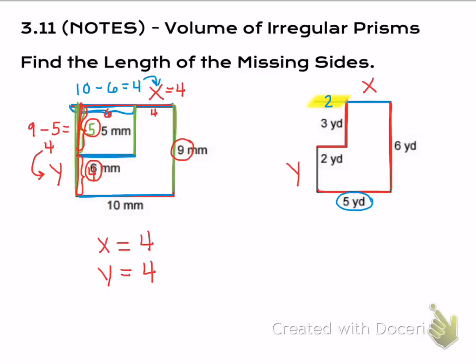So what I have to do is take 5 minus the 2 to find out what this missing piece would be. 5 minus 2 equals 3. So I know that X is 3. And if I plug that in, I see that 2 and 3 do equal 5.